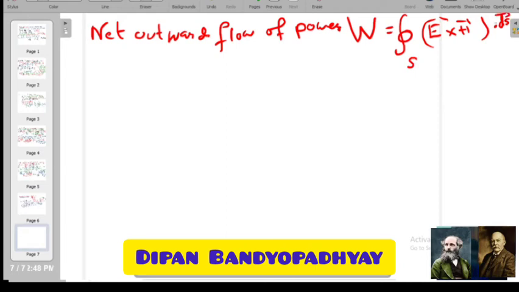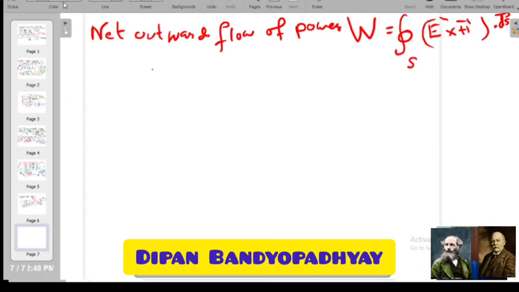Note ds should be a vector. So this is basically your net outward flow of power, which the total term is representing.